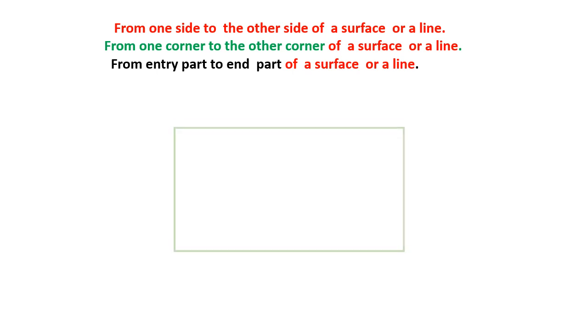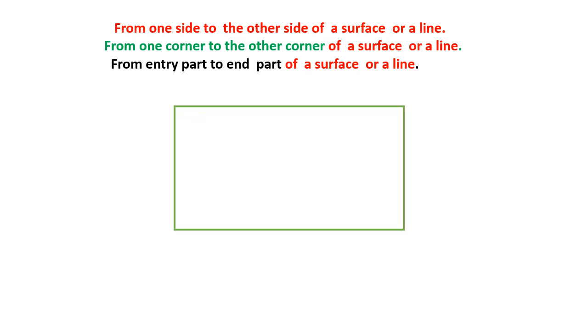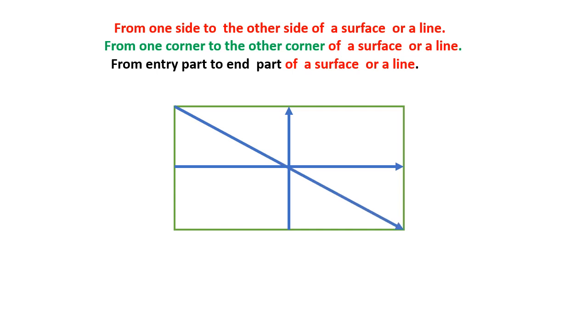Look at the example. Here is an object. Here we consider only the surface of the object. So, when there is a movement from one side to other side of the surface, then we make use of across.